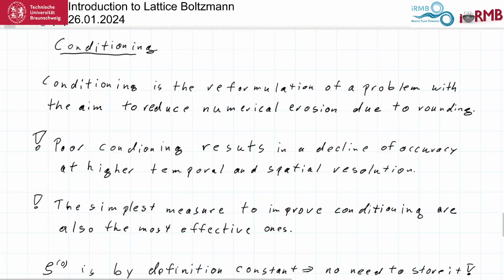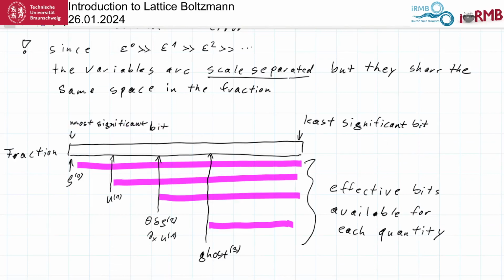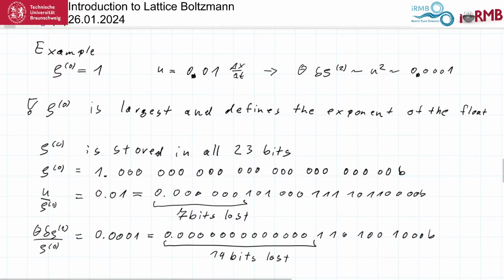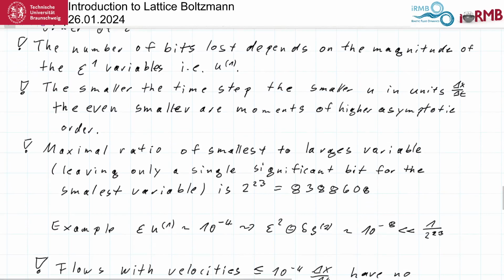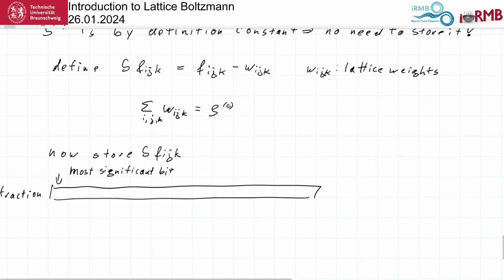Bit. Let me just go back because there are big endians and little endians. This is whether you start with the most significant bit or with the least significant bit.